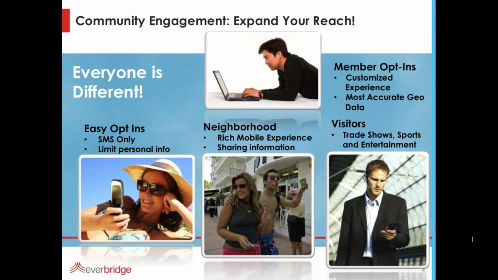How do you reach people who are more transient? So this is the whole goal of community engagement, and we're going to talk specifically about what that involves, and you'll see this in the demonstration as well.